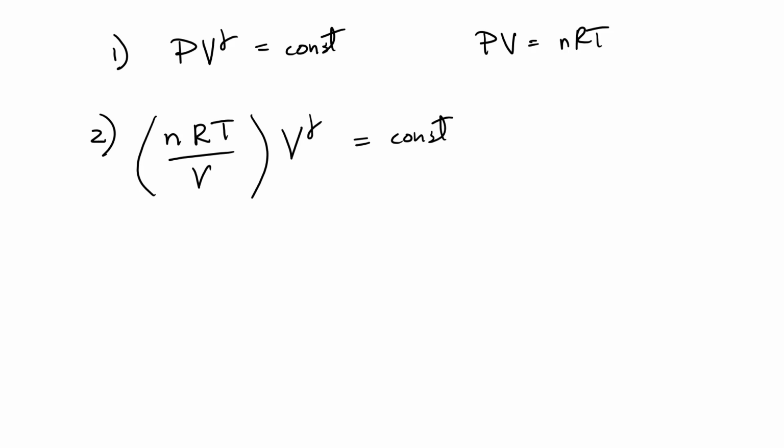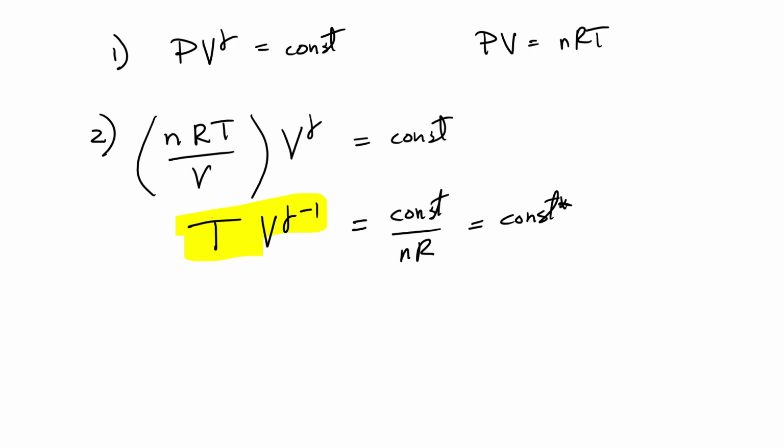All you do now is group all the constants on one side. So you have my original constant divided by nR. Those are two other constants. What I'm left with here is T, and then this becomes V to the gamma minus 1. Here you can call this a different constant, constant star. So that is the second expression, TV to the gamma minus 1 equals some other constant.